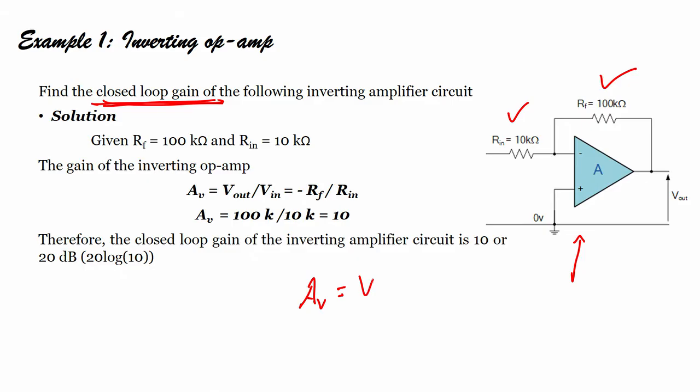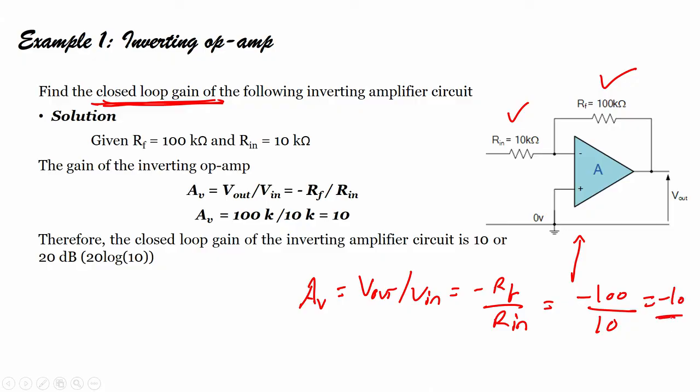AV is Vout by Vin, or we can write minus RF by R in, 100 by 10, both in kilo ohm, so I do not write it, that is fine. So, what I have? Minus 10, but gain cannot be minus, so we always write gain is equal to 10.